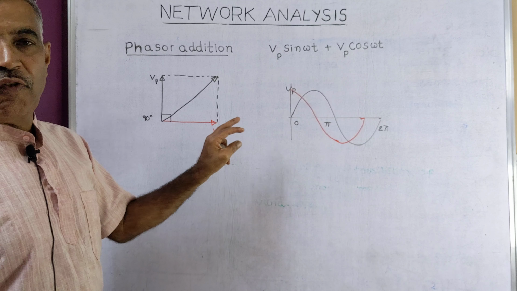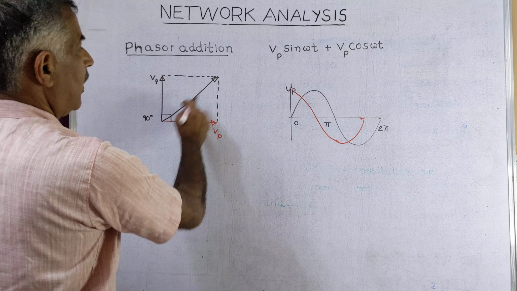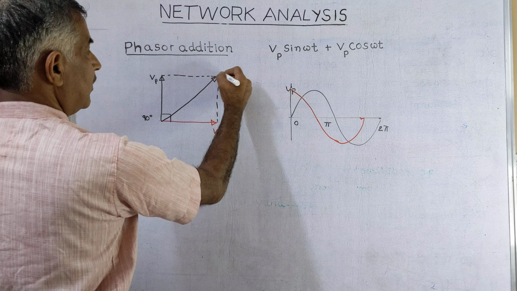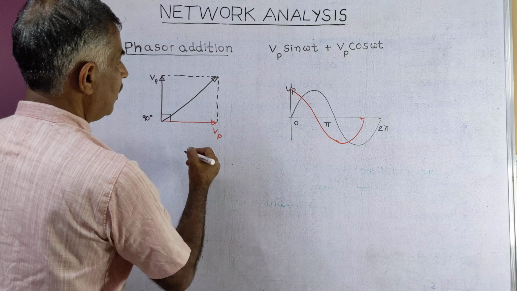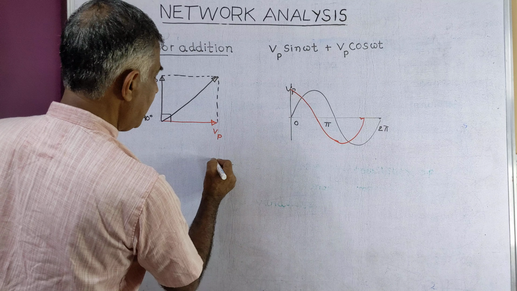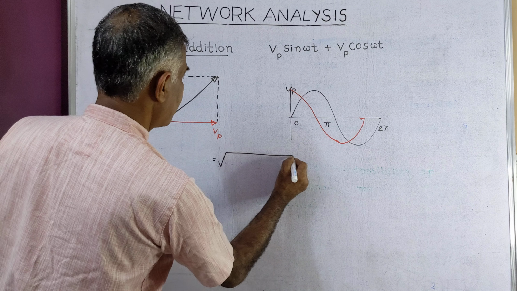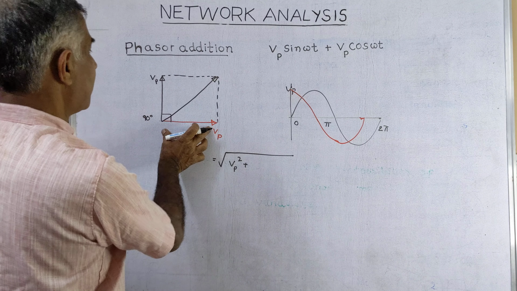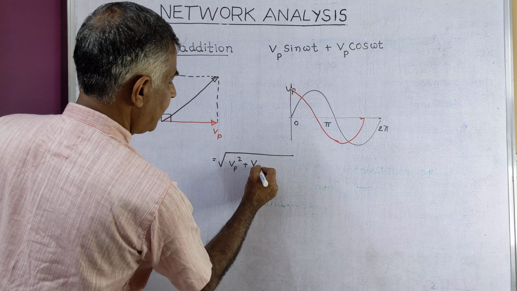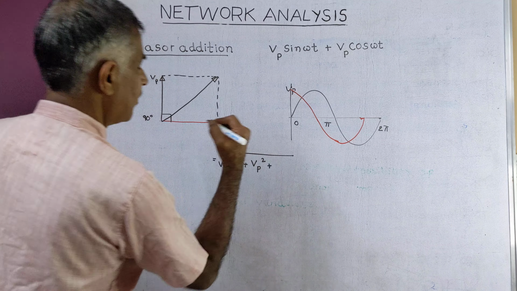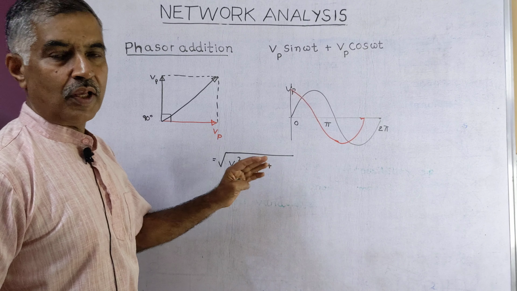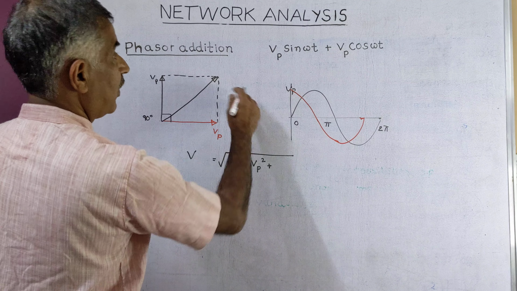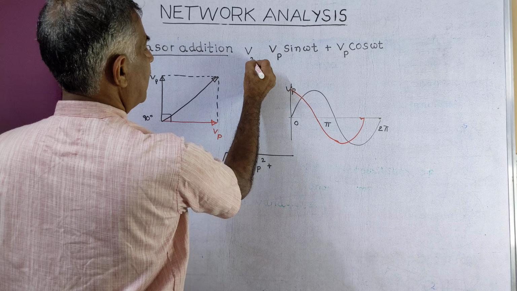So you know the formula for addition of phasors. What is this diagonal? The magnitude is given by the root of Vp square plus Vp square plus, this is a noted formula. So this is the resultant after addition.